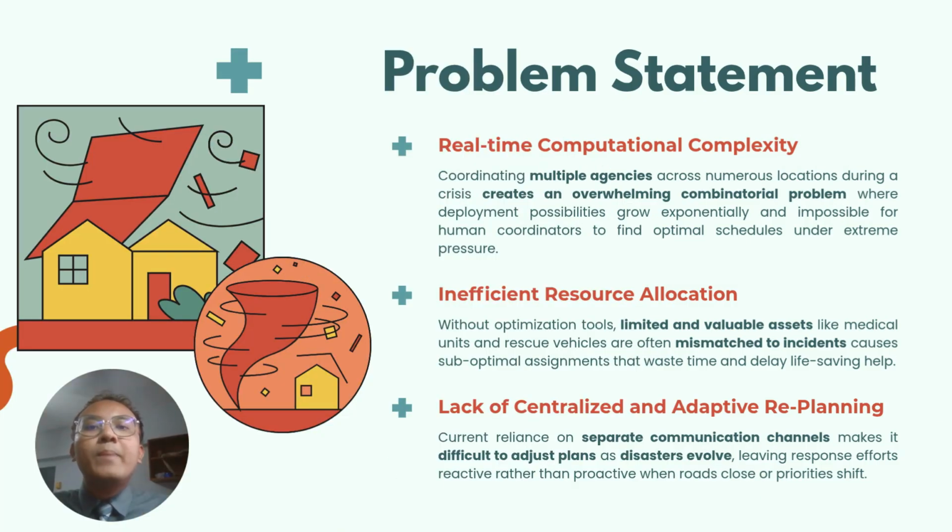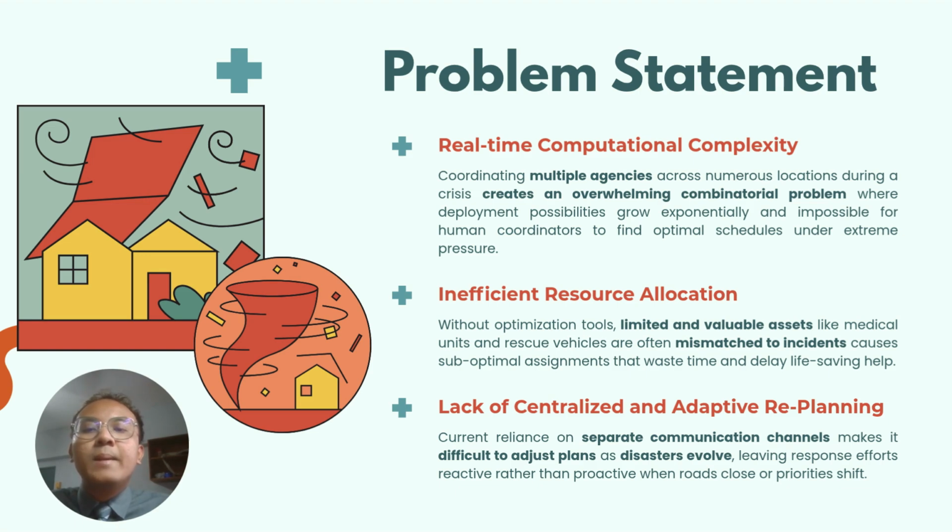Next, there are three main problems that Rescue aims to solve. First, disaster response scheduling is computationally complex because multiple agencies, incidents, teams, and locations must be coordinated at the same time. As the number of incidents increases, it becomes difficult for human coordinators to manually find the best deployment plan under time pressure. Second, limited resources such as manpower, medical teams, rescue vehicles, and equipment may be allocated inefficiently without optimization.